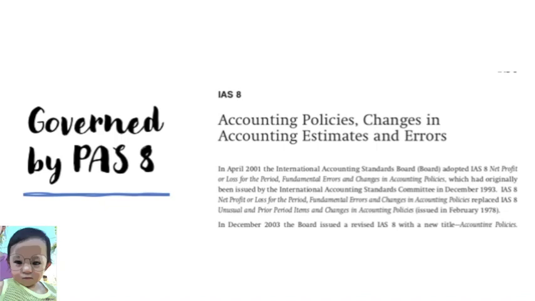So, prior period errors is governed by PAS 8, together with accounting policies and change in accounting estimates.